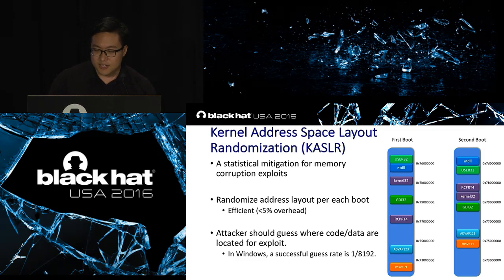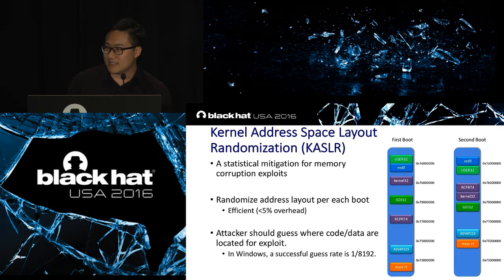In fact, kernel ASLR is a statistical mitigation for memory corruption vulnerabilities such as buffer overflow or use after free. The mechanism is very simple. It shuffles the addresses of the code and data on each boot or on each load of a module or driver.